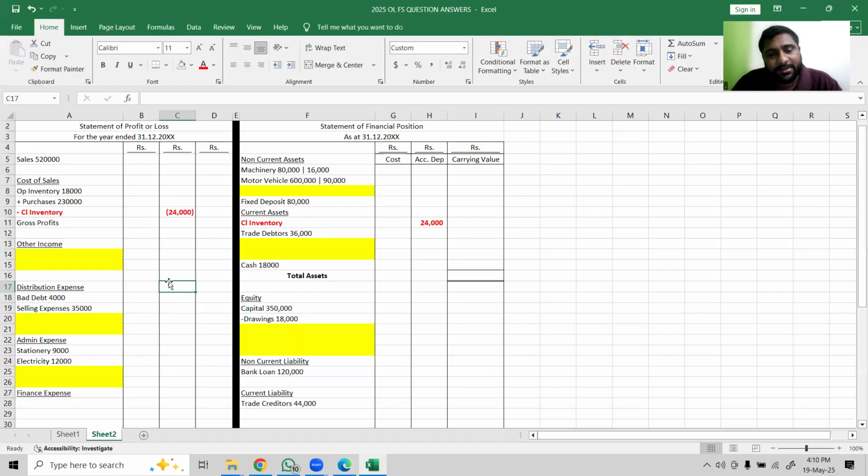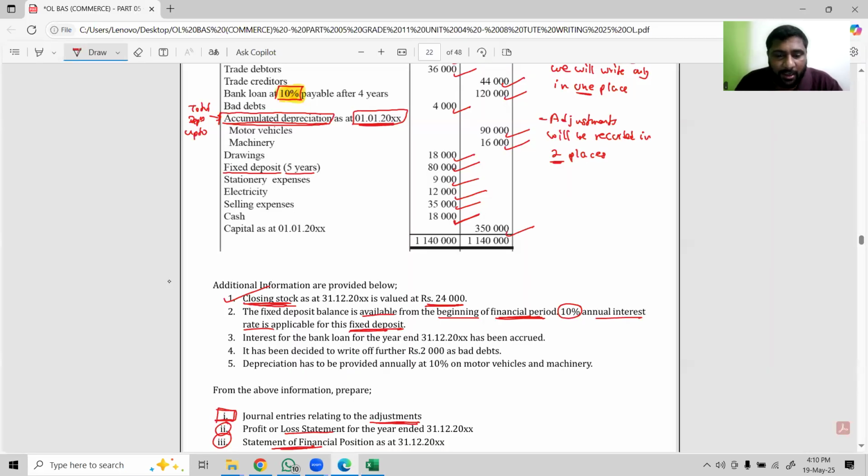So how much is the fixed deposit in this question? 80,000. 80,000 at 10% means 8,000 FD interest income. We have to record it in two places.